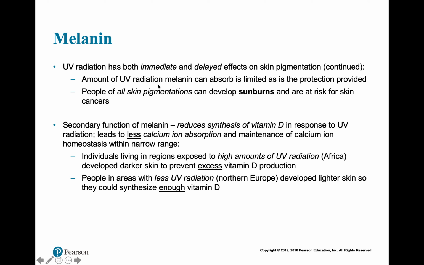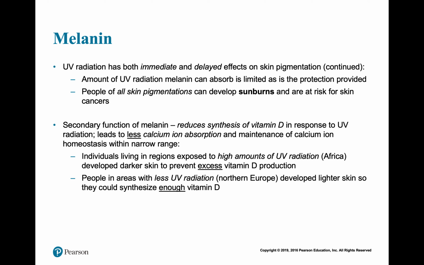So UV radiation has both immediate and delayed effects on skin pigmentation. This has to do with melanin. When it's immediately exposed to UV radiation, it will actually oxidize and give a tan type skin color, and that's short term.